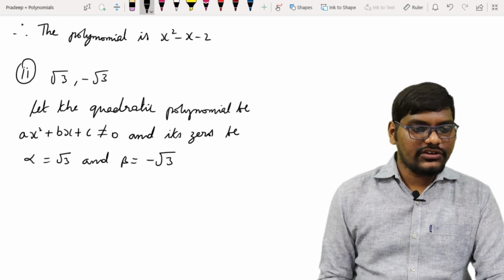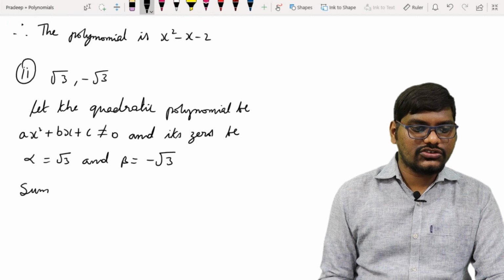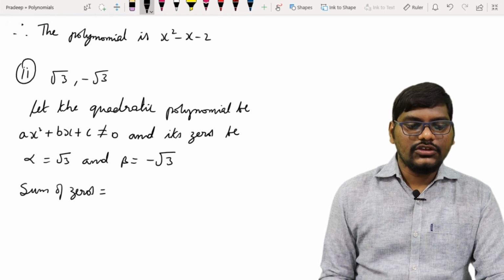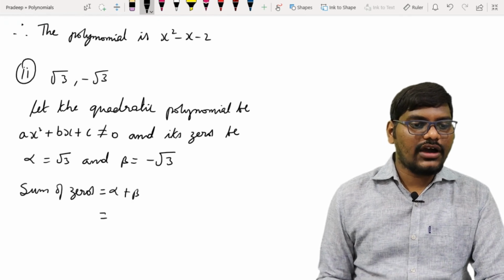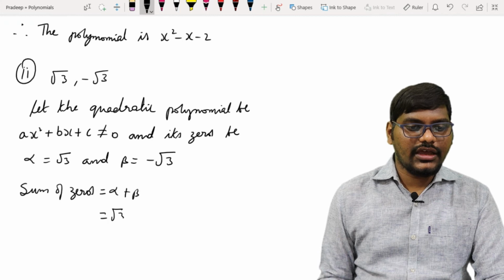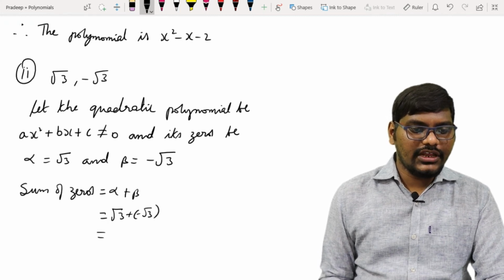So we'll do the sum of the zeros and the product of zeros. Sum of zeros is alpha plus beta. Alpha is root 3 and beta is minus root 3, so we get root 3 minus root 3.